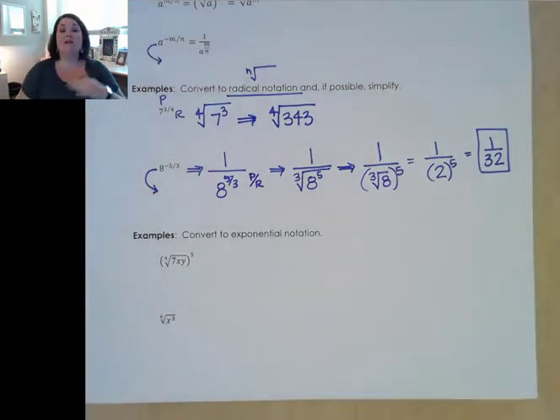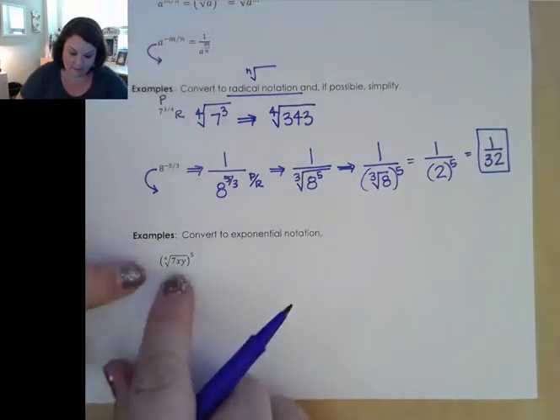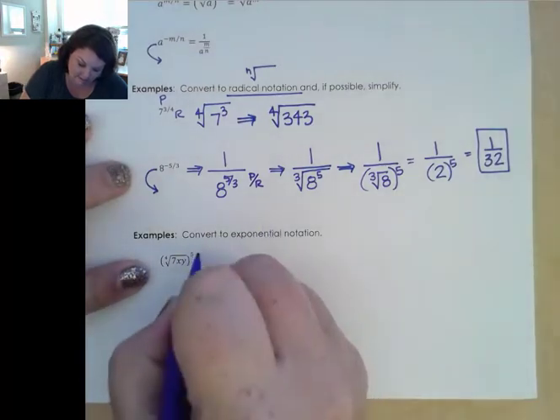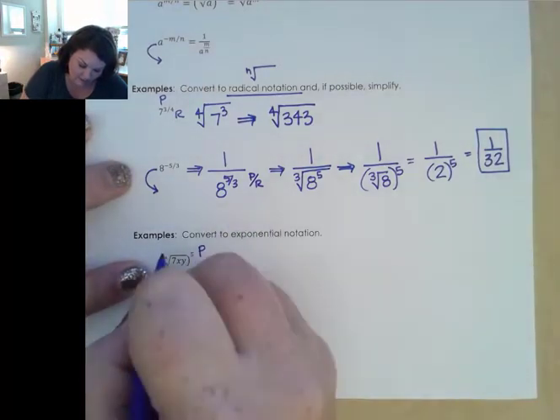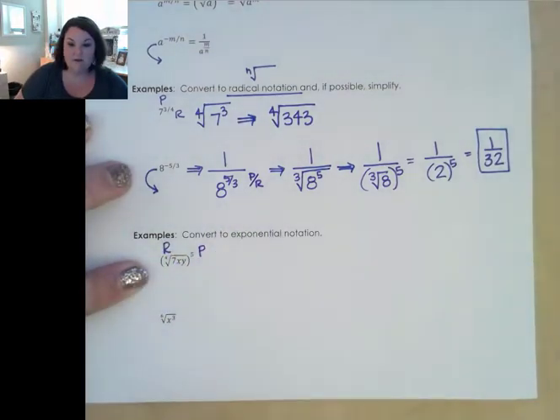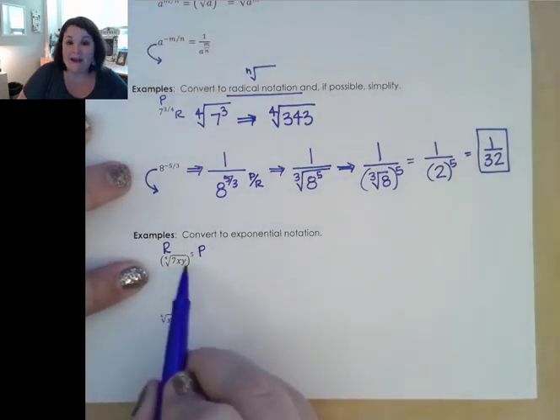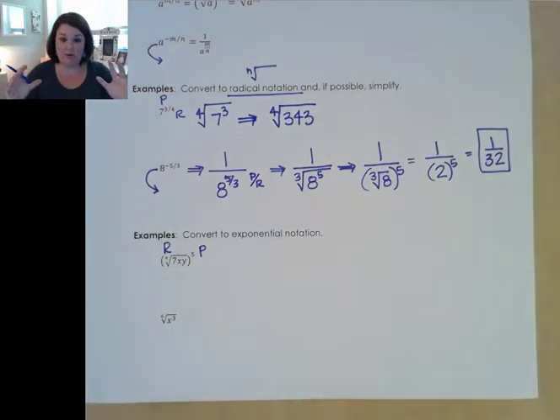All right, let's look at going the opposite direction. So instead of starting with a fraction exponent and putting it into radical form, we're going to start with a radical exponent and put it into fraction form. Okay, so this one, notice this is my power, right? And this is my root. So all I need to do is write my radicand, which is everything under the radical, okay? If there's more than one thing, we want to make sure we use parentheses.